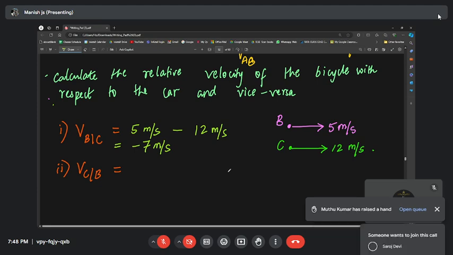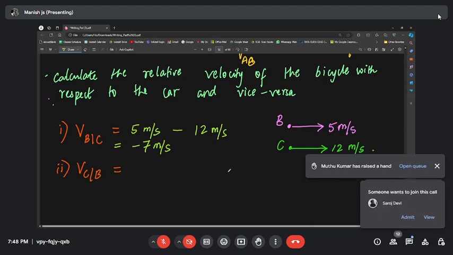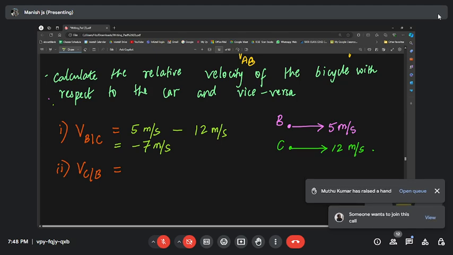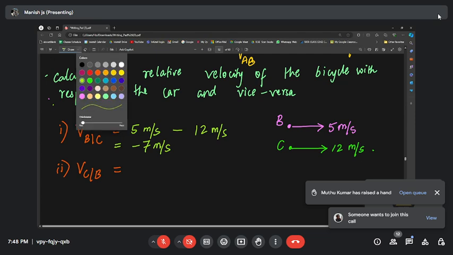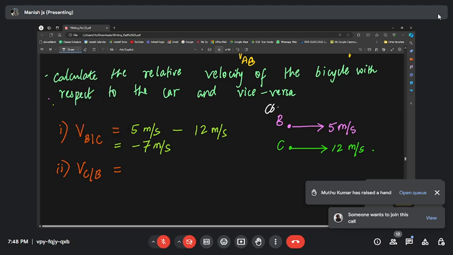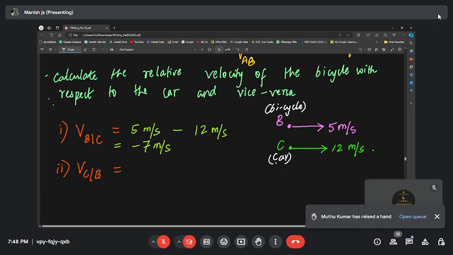The same way you can also find out the relative velocity of the car with respect to the bicycle, VCB. Here B is the bicycle and C represents the car. So for the car with respect to the bicycle, it is again the velocity of the car, which is quite evident, 12 meters per second, minus the bicycle value, which is 5.